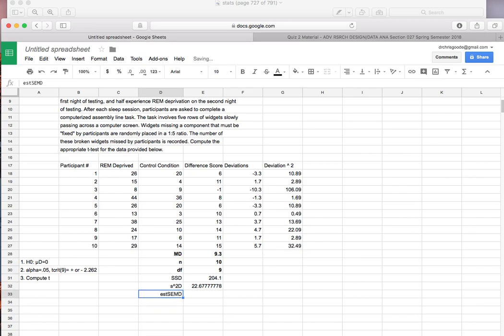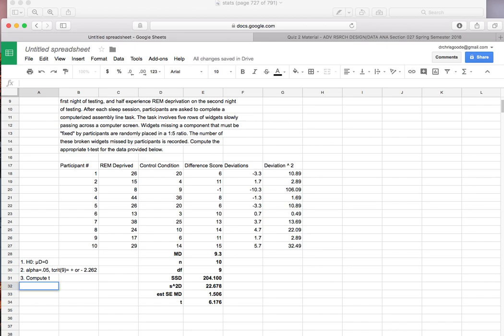That's just the square root of the quantity variance divided by n. And now we can compute t. T is only the mean difference score divided by the estimated standard error of the mean difference score. That's it. So we have everything that we need, and if those decimals bother you, we can get rid of them all, bring a few back.